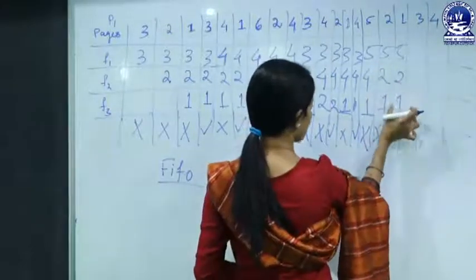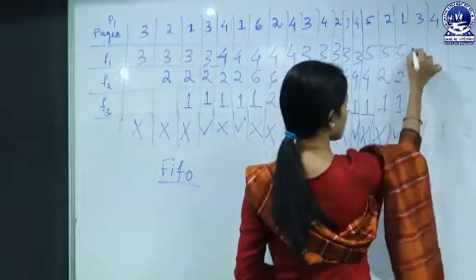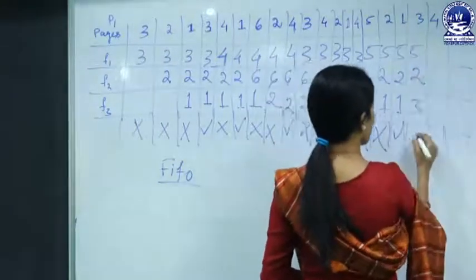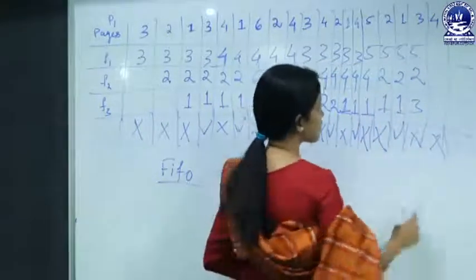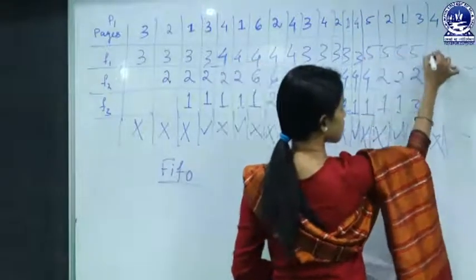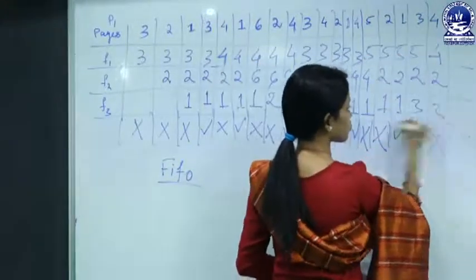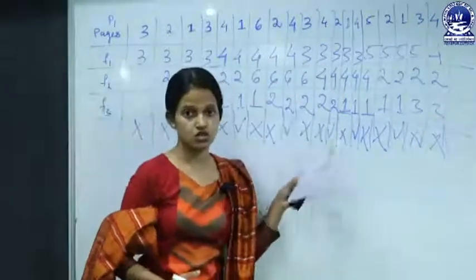In place of 1 we put 3: 3, 5, 2. And next is 4, not there in the main memory, miss. So 5, 2, 3. In place of 5 we put 4. So we replace the oldest pages with the new pages.